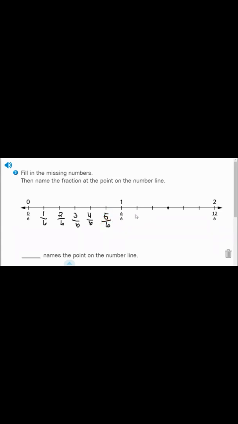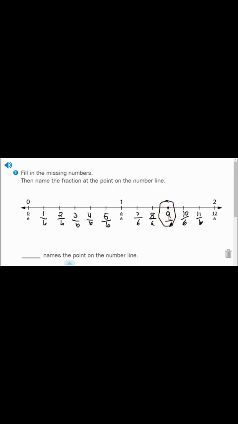They've already given us that one. 7/6, 8/6, 9/6, 10/6, 11/6, and 12/6. Remember, after the 1, our numerators are now bigger than the denominators, and our point actually is past that.